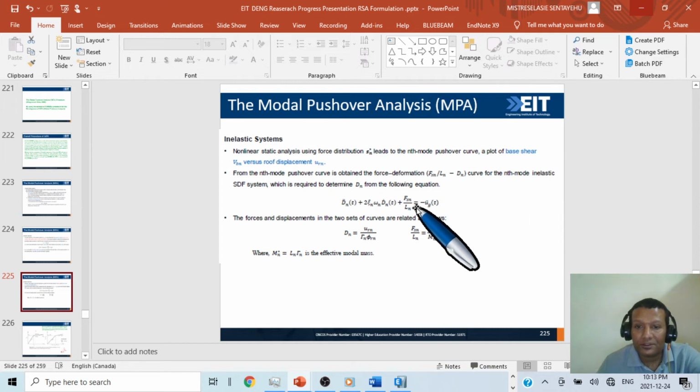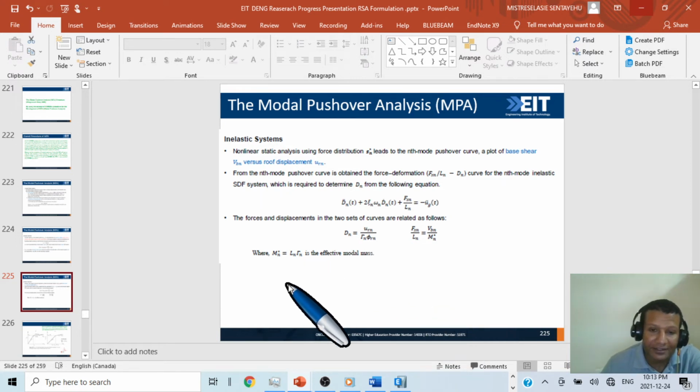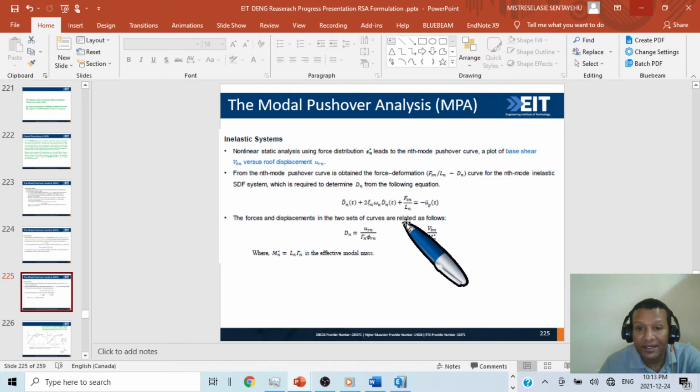We will find Fsn, Ln, and Dn from the curve, because we apply the force deformation curve, the pushover curve, and we idealize it into the Fsn-Dn curve. Then we assign it to the nonlinear single degree of freedom system. Then we perform the nonlinear dynamic analysis of the single degree of freedom system.